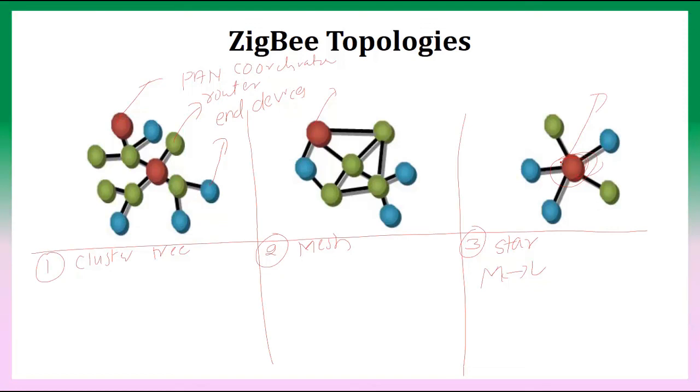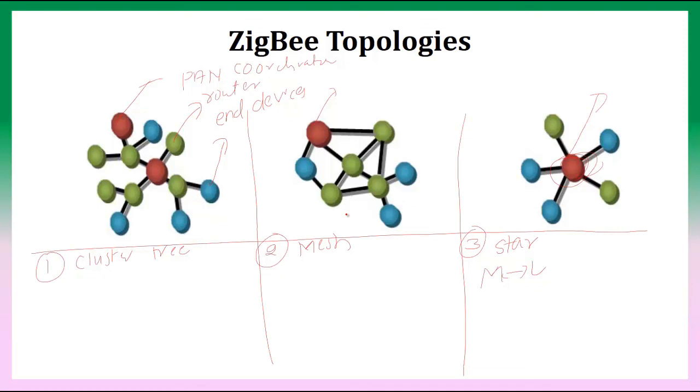In the case of mesh topology, each node can communicate with any other node because the connection is that way, within a range.